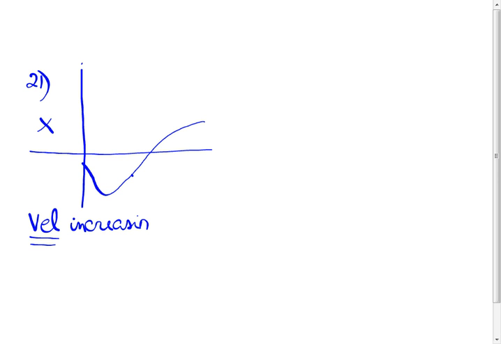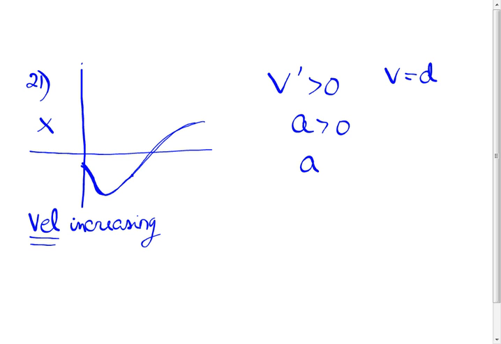How do you know if a function's increasing? Its derivative is positive. So v prime has to be greater than 0. What is the derivative of the velocity? It's the acceleration. This is the position here. So the acceleration is what derivative of the position? V is equal to dx dt.